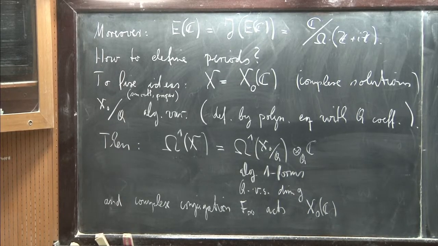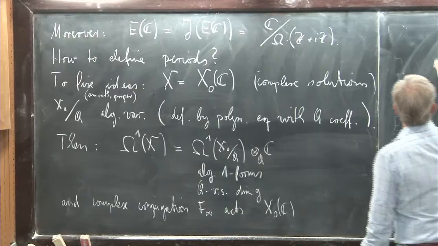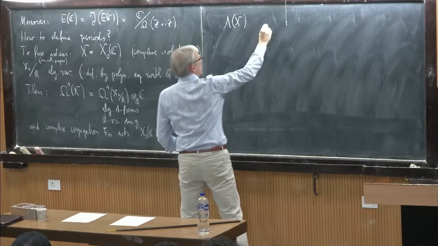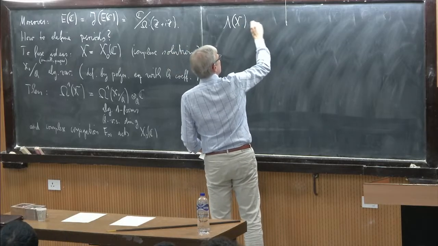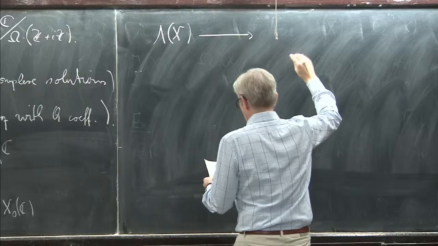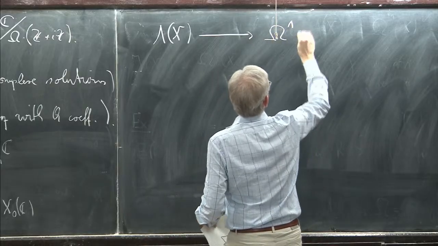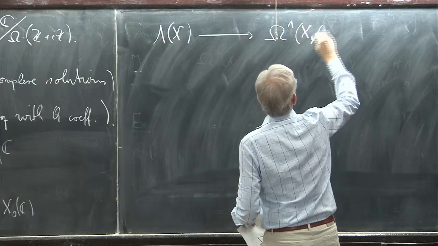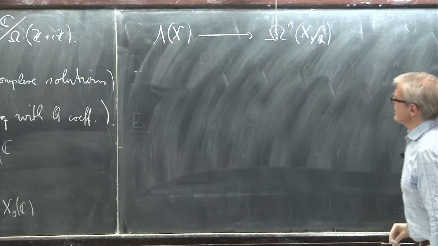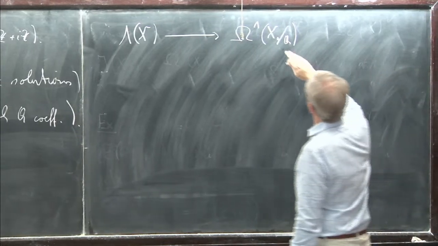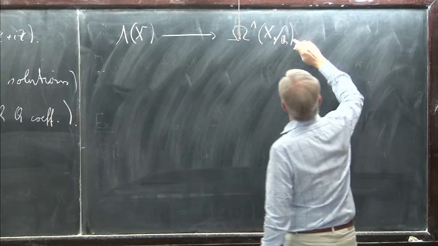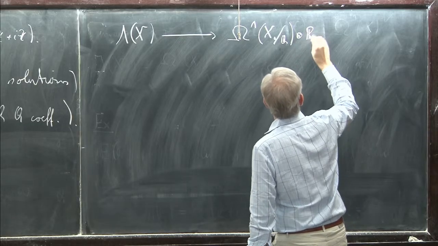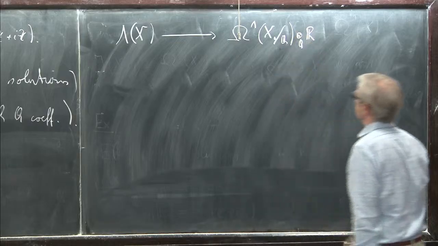Okay, and now we look at the following. So we have this injection. This is the period lattice, and this sits inside the holomorphic forms. But now we consider this as something. We have this Q vector space, and we don't want to extend it anymore to the complex field. We just want to consider the real vector space which is generated by this basis.